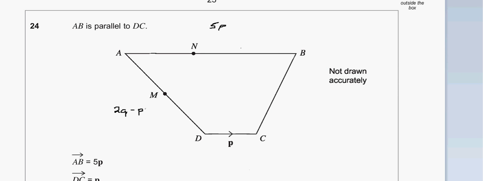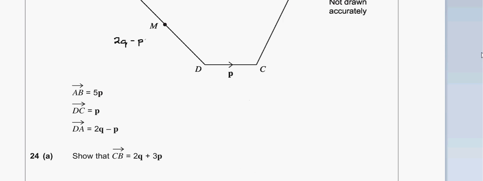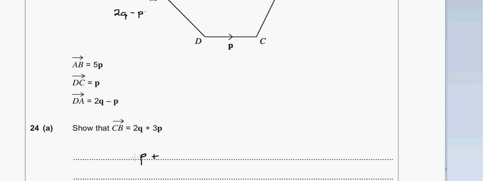Okay, so from C to D will be minus little p because we're going in the opposite direction.